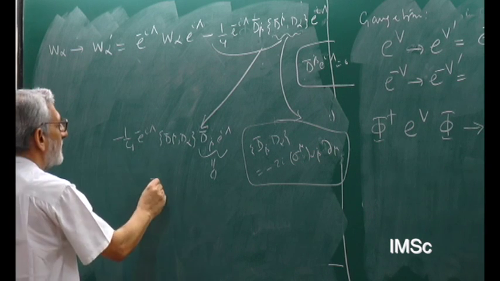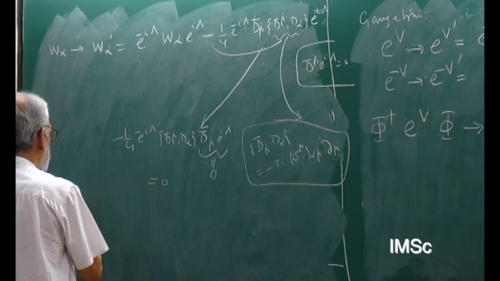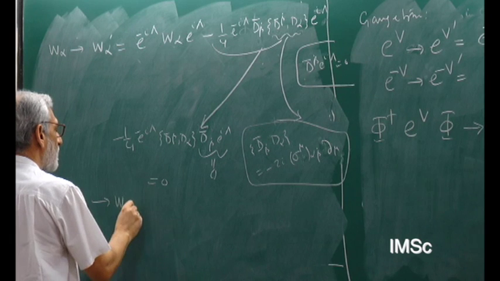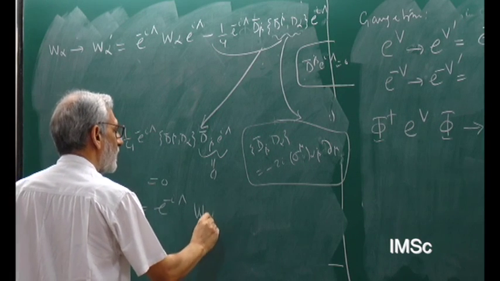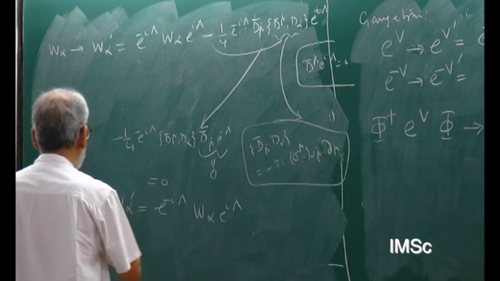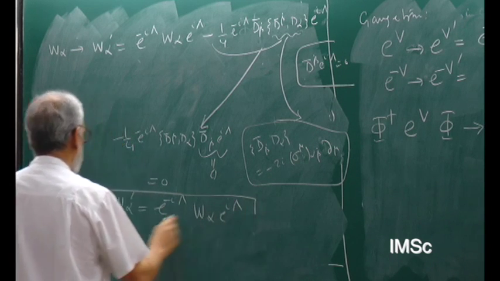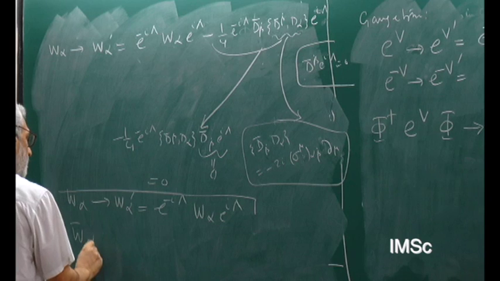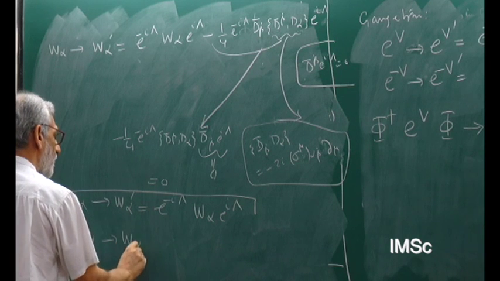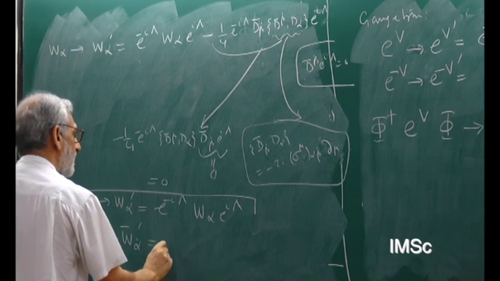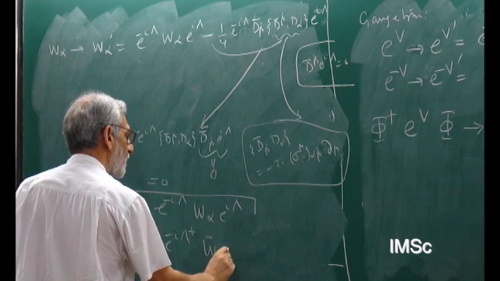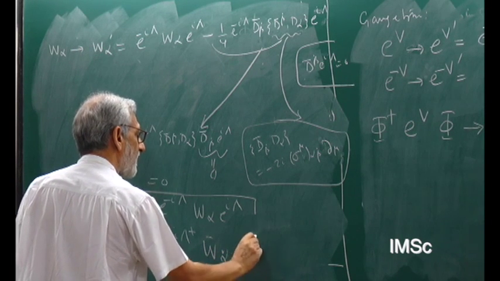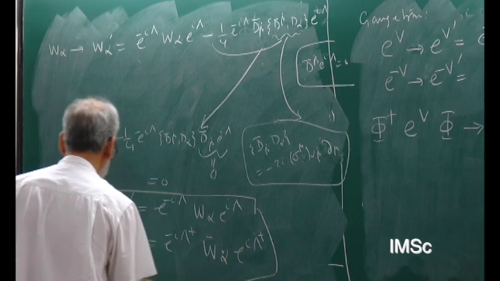So W alpha changes to W alpha prime, which is e^{i lambda} W alpha e^{-i lambda}. And similarly, you can check W bar alpha dot transforms to e^{-i lambda} W bar alpha dot e^{i lambda}.